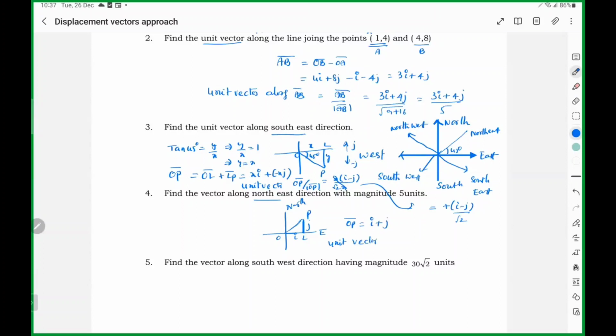The unit vector will be OP bar by mod OP bar, i plus j by root 2. It is a unit vector, but he wants a 5-unit vector, so multiply with 5 to get a 5-unit vector.